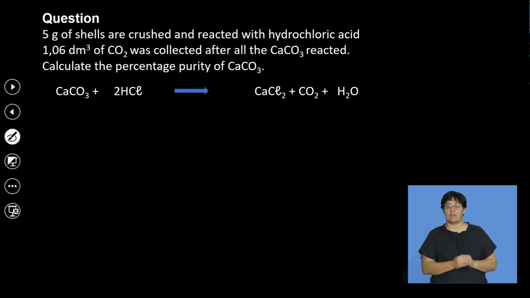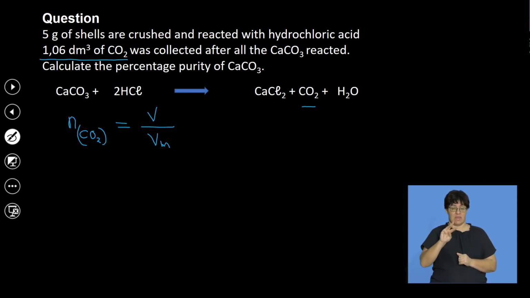Okay, so from this, we know that there's 1.06, that's the volume of the carbon dioxide gas that was collected. So in other words, moles of carbon dioxide is equal to volume over molar gas volume. So that's the first part of this multi-step problem.